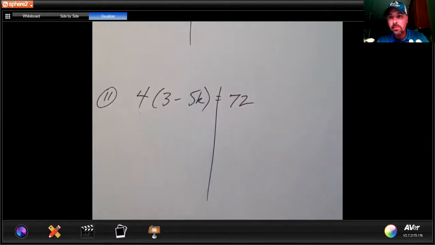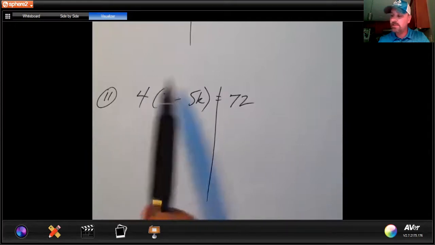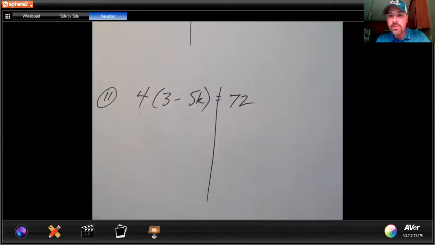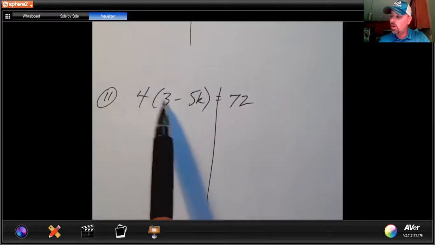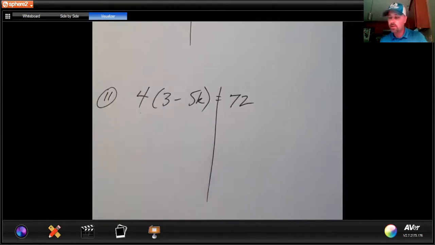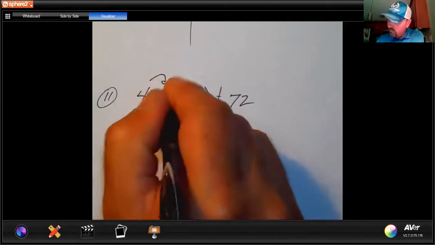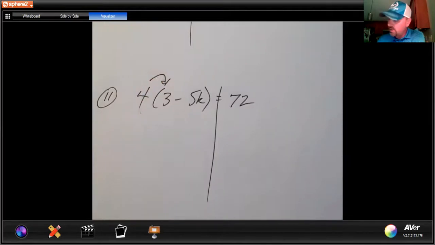And anytime there's a number next to a parentheses, that means to multiply. So if we multiply the 4 across the parentheses times everything in that parentheses, the parentheses will disappear, okay? And we're going to get the values out that we can then work with, okay? That's called the distributive property. You're going to distribute this 4 across the parentheses. So we start here. 4 times 3 is 12.